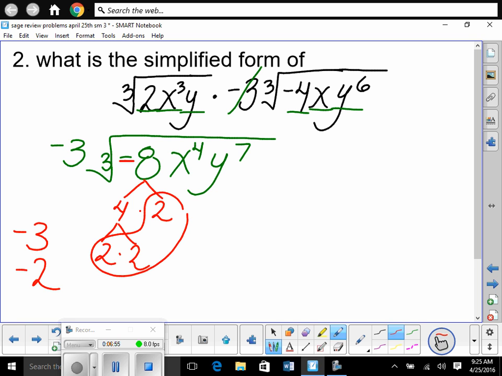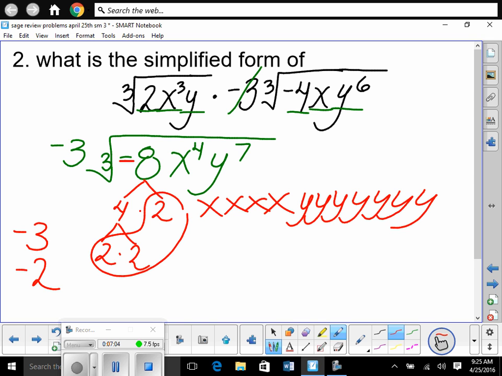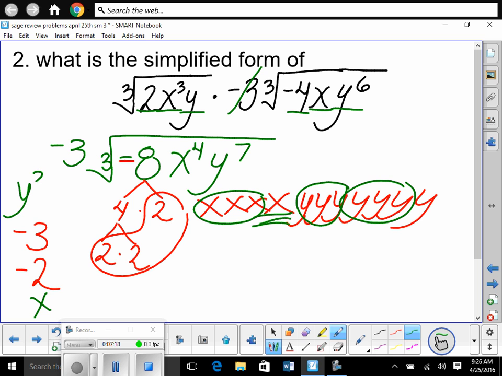Now we have x to the 4th, 1, 2, 3, 4 x's, and then y to the 7th, 1, 2, 3, 4, 5, 6, 7. We're pulling out groups of 3. So can't we pull out an x? So we are going to have an x on the outside, and that x is going to stay. We have a y and a y we're pulling out, which is y squared.